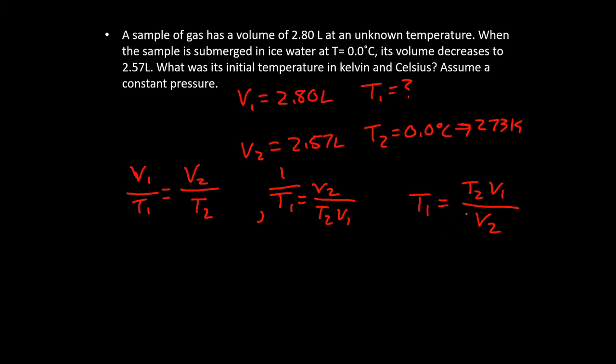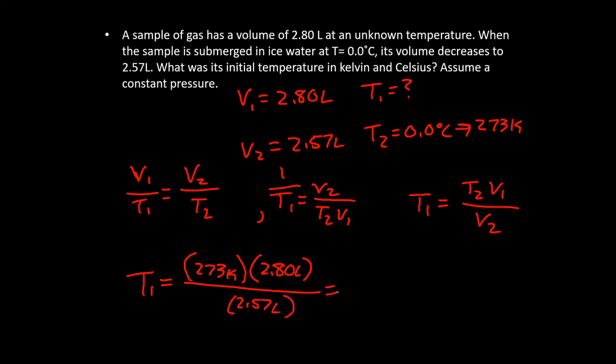So we have our equation for T1. So we'll go ahead and plug in what we know. T1 is 273 K. V1, 2.8 liters. And then V2 is 2.57 liters. So our liters here cancel out. We are left with Kelvin as our unit, which is good.